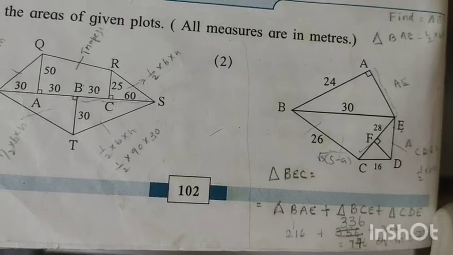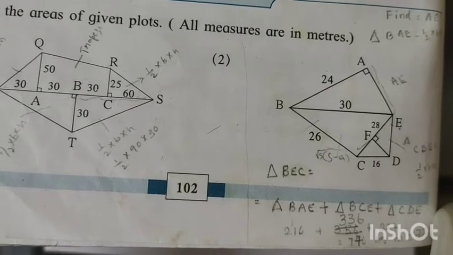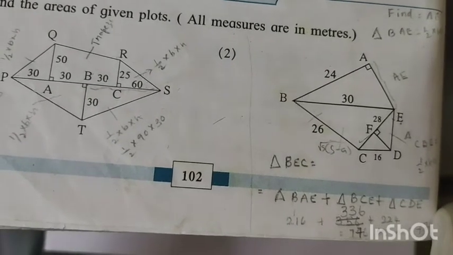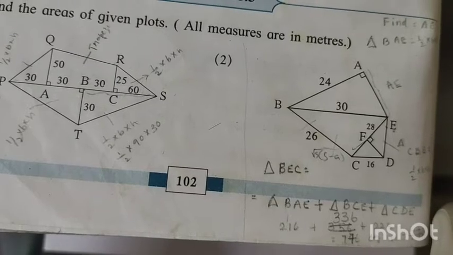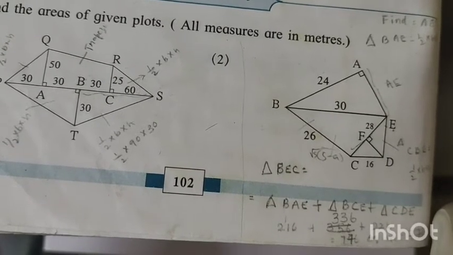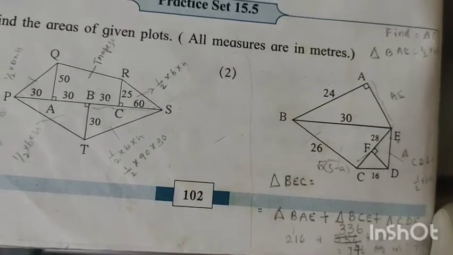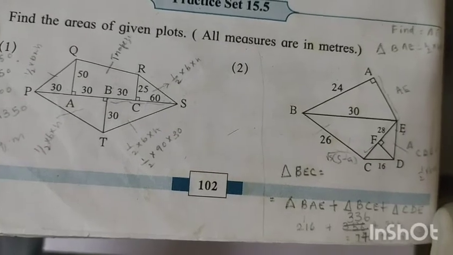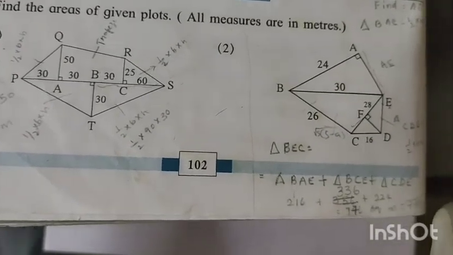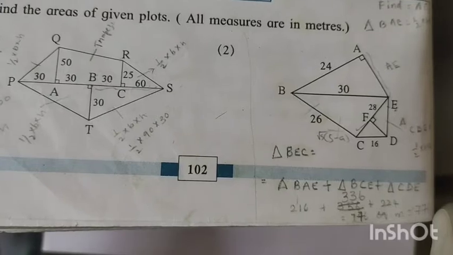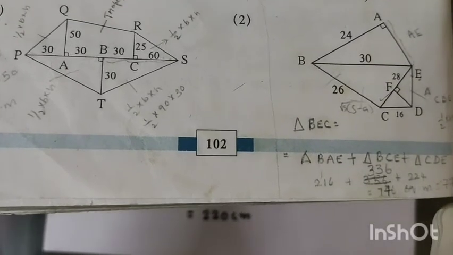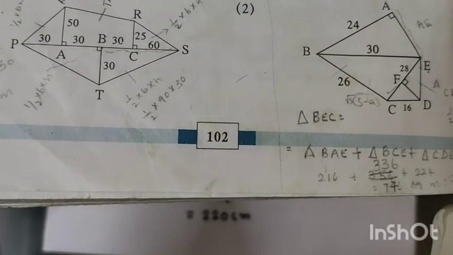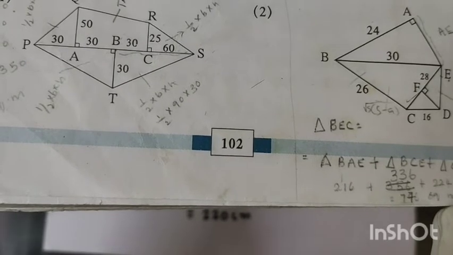You can see clearly the height is given as 25, and the base you have to take, that means here 60 is given. So you can take that also. And the next one you can see, triangle PBT. PBT is also a right angle triangle.